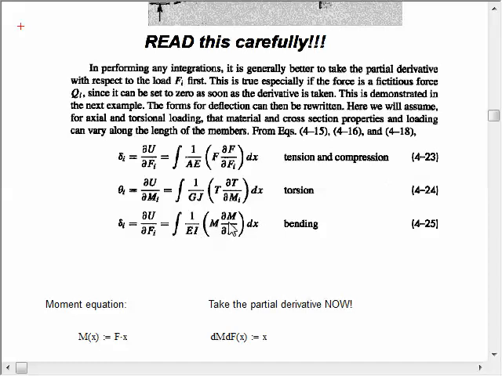So when we take the partial of that m squared, what we're going to get is m times the partial of m with respect to F. And so we can write it in this form, and I'll be ready to answer questions about this in class as well. But we can take our partials first, then we do the integration, and we never actually have the energy. What we have is the partial of energy with respect to the load, because we already took the partial before we integrated, and that partial of energy with respect to the load is the deflection at the point of the load and the direction of the load.